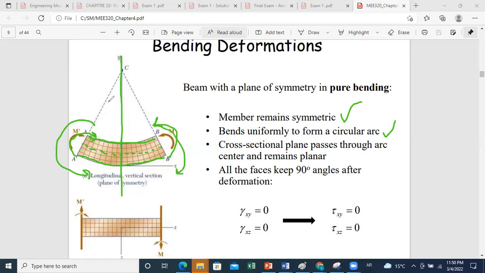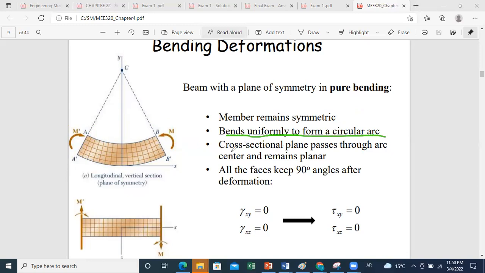Then your center of curvature will be downward, and the upper part will undergo tension and the lower part will undergo compression. So we say that in pure bending, the beam bends uniformly to form a circular arc, and the cross-sectional plane passes through the arc center and remains planar.